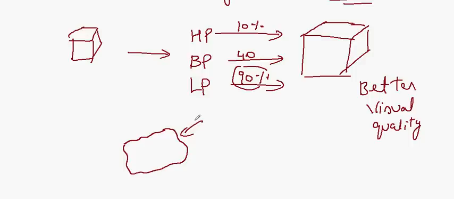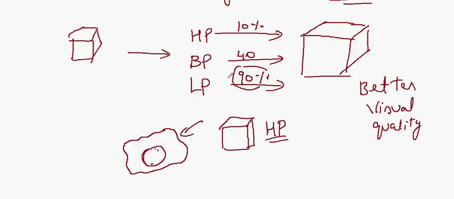So all the edges are collected in the high frequency partition, and in the low partition the common area, maybe all are white, so all these are collected in the low partition.